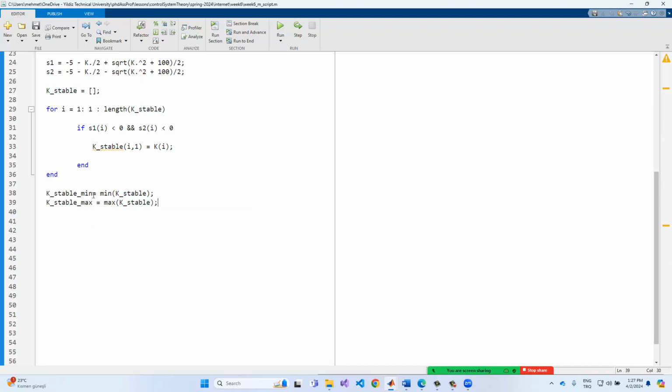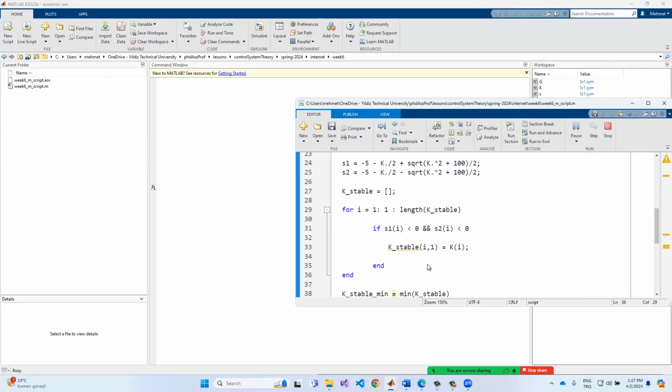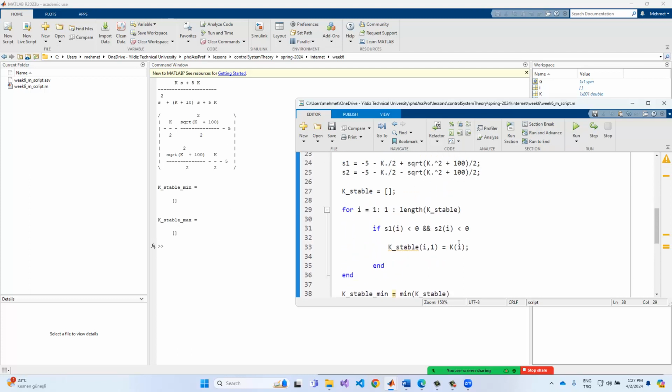Okay, this is the direct solution of our domain. And if I run this code and then the k stable min, in case I'm in an empty space, I'm sorry, k(i), I'm sorry guys.